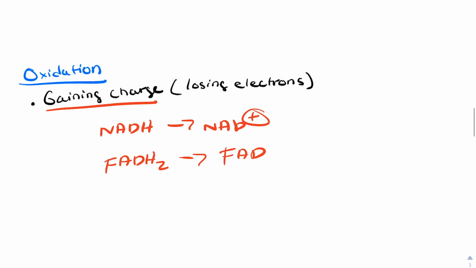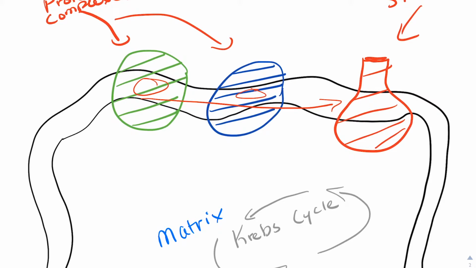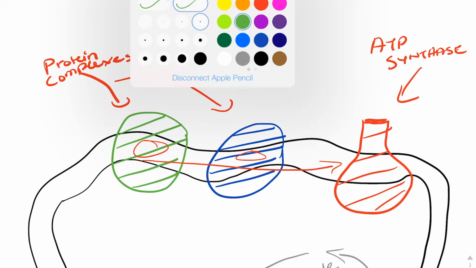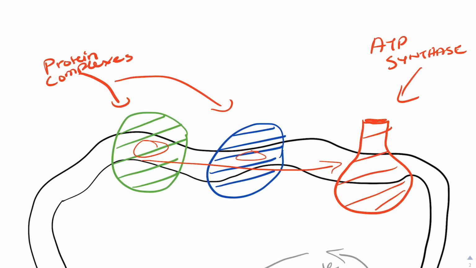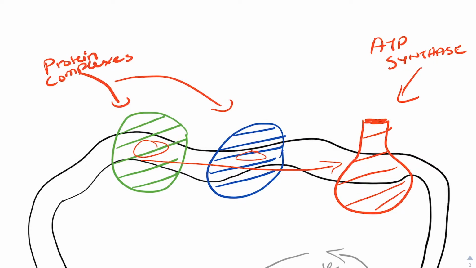Oh, let's go back up. So, how does this work when we're speaking about the actual process that occurs? Because the process is actually relatively simple once you have an understanding of oxidation and reduction. So, let's go with orange. All right.